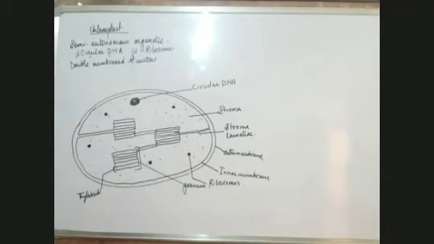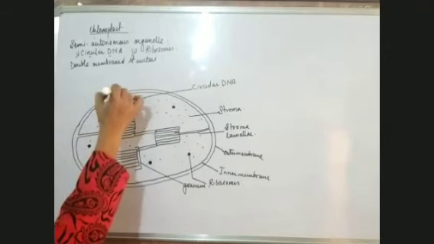Okay. Now stroma, stroma lamella, inner membrane, outer membrane, ribosome, circular DNA, and one more thing which is left here is the space which is there in between the two membranes. This is intermembrane space, yes, it is better to call it intermembrane space.